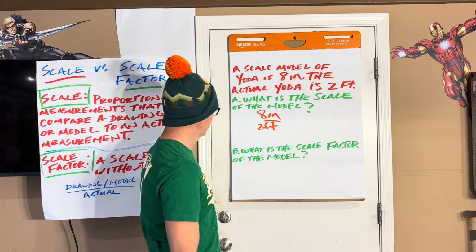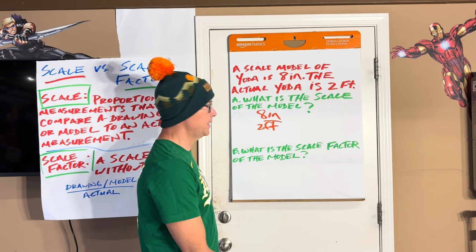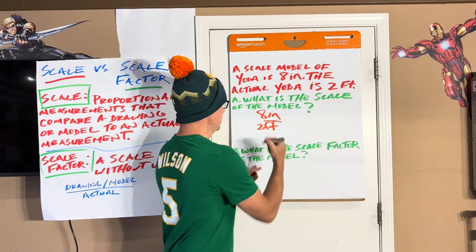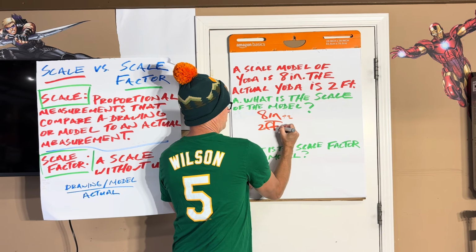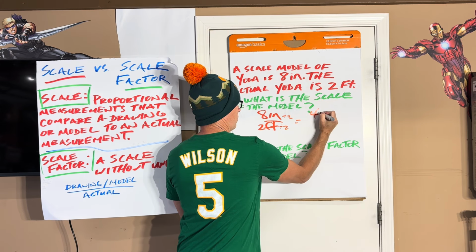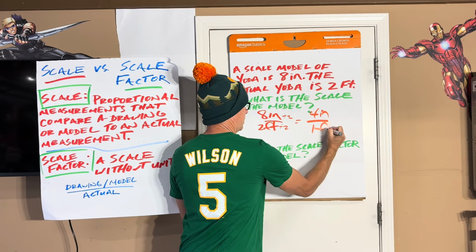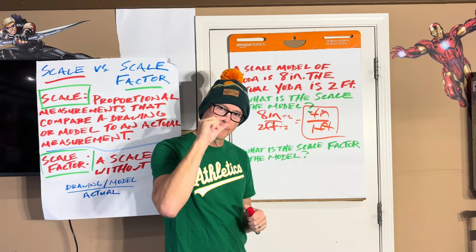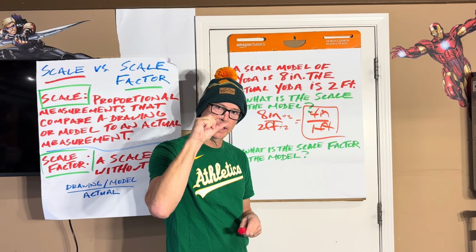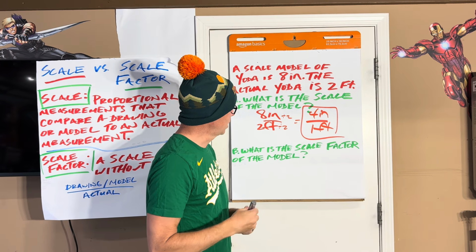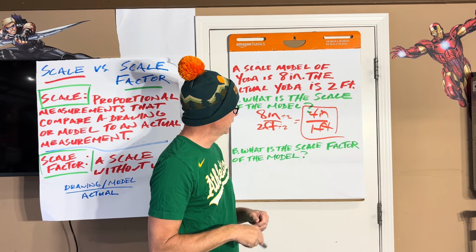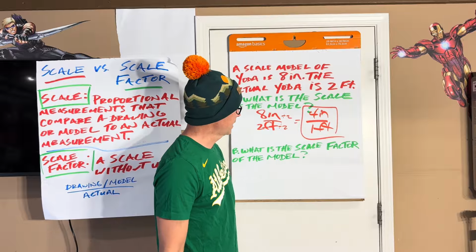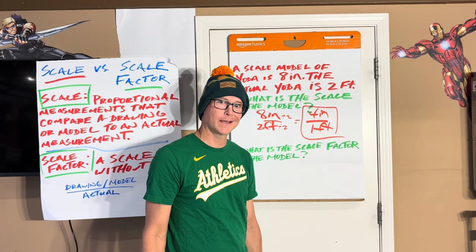That's okay. For every 8 inches, there's 2 feet. And you can reduce these to make your life easier if it can, okay? So we'll divide both of these by 2, both of these by 2. You have 4 inches over 1 foot. That's it, okay? That is called the scale. For every 4 inches, it's a foot, okay? So if you wanted to build a 10-foot, I'm not even going to go with that example, okay? Okay, 4 inches over 1 foot, that's the scale, okay?